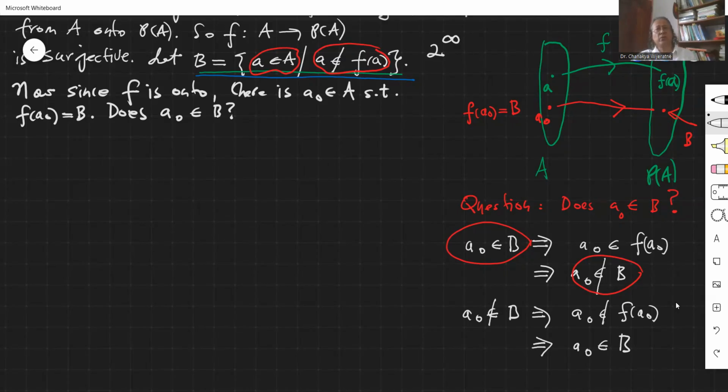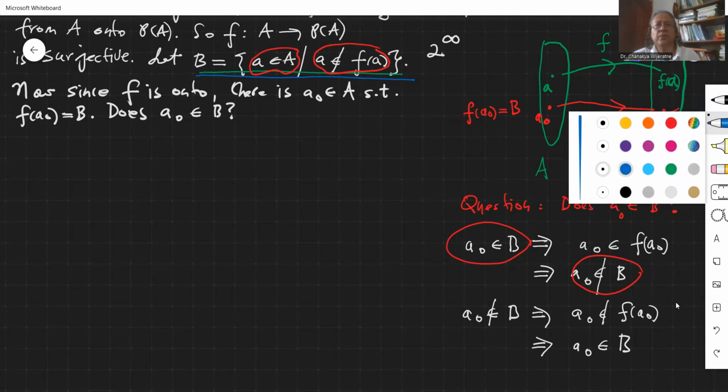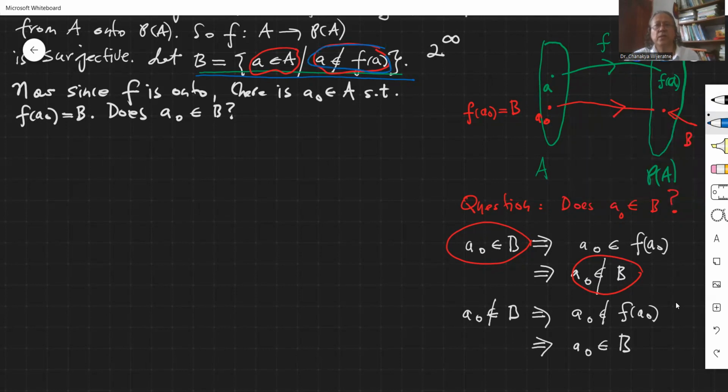Because A naught doesn't belong to B means that this is true. So that means A naught doesn't belong to f of A naught, but f of A naught is B, because that is the set to which A naught is assigned.